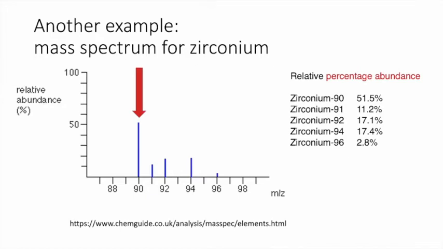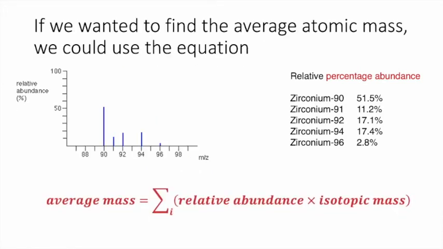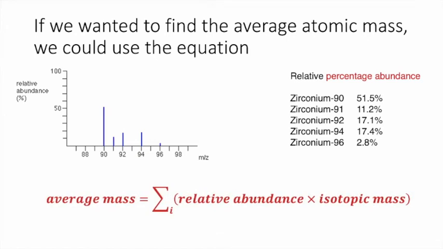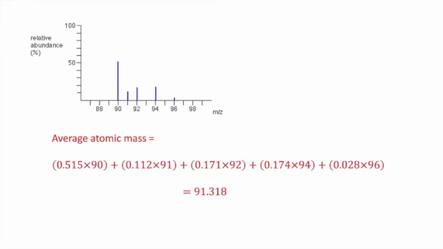If we wanted to find the average atomic mass, we could easily do it using this equation. It's the same equation we used for calculating the average atomic mass, considering all the isotopes. In this example, our average atomic mass is going to be 91.318 after we substitute everything into our equation. And I went ahead and rounded that to 2 significant figures.